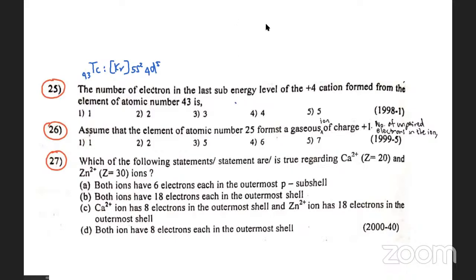Now when you remove 4 electrons from it, it is +4. Yeah, technetium 4+. I think I forgot one line. The +4 cation formed from the element of number 43 is technetium 4+. And that is going to be until krypton.